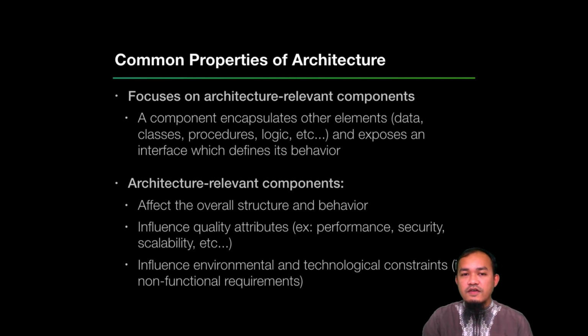The main focus of architecture is architecture relevance. Architecturally relevant things encapsulate many things such as data, classes, procedures, logic, and so on. All we call components. The data, classes, procedures, and logic can all be composed into components. Architecturally relevant components affect the overall structure and behavior.